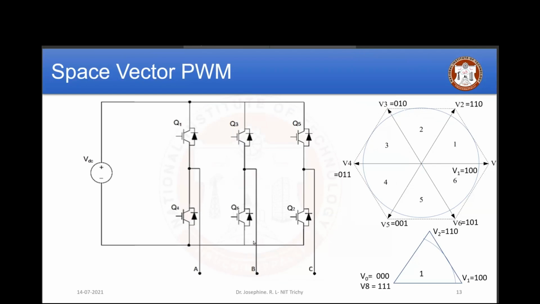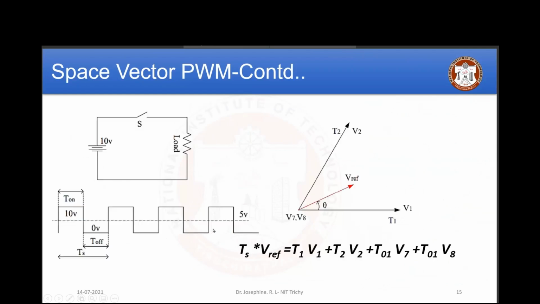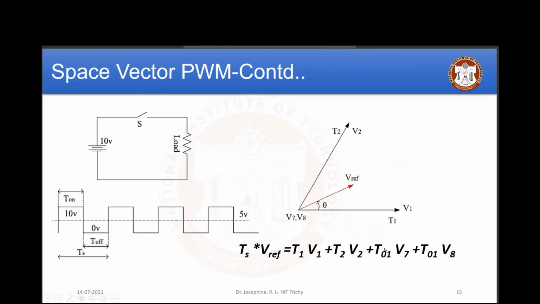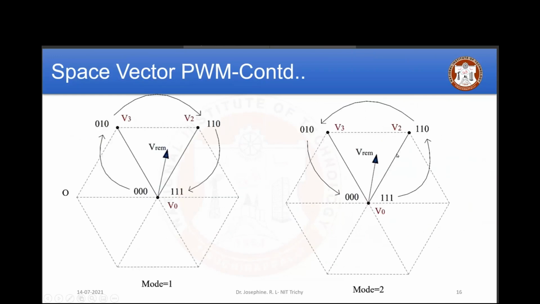Here the concept may be difficult, but once you implement this, it is easy for you to go to the next stages. So I'm going to operate 111 first, then I'll go for 110, then I'll go for 010, and again I'll come back to 000. I'm going to operate this based on the operating times T1, T2 and T0.